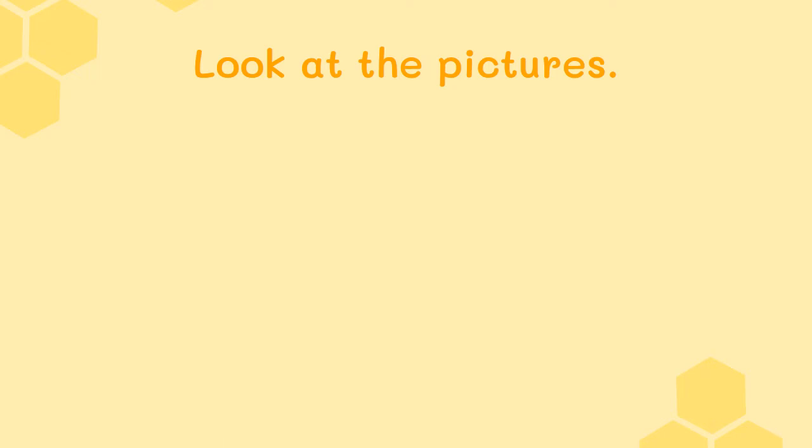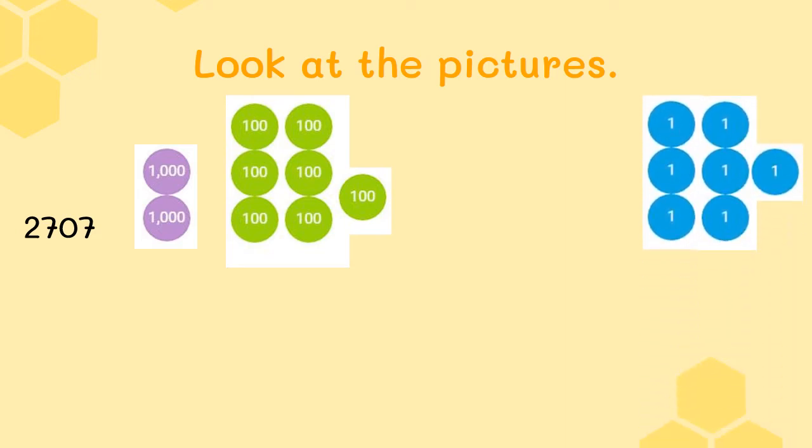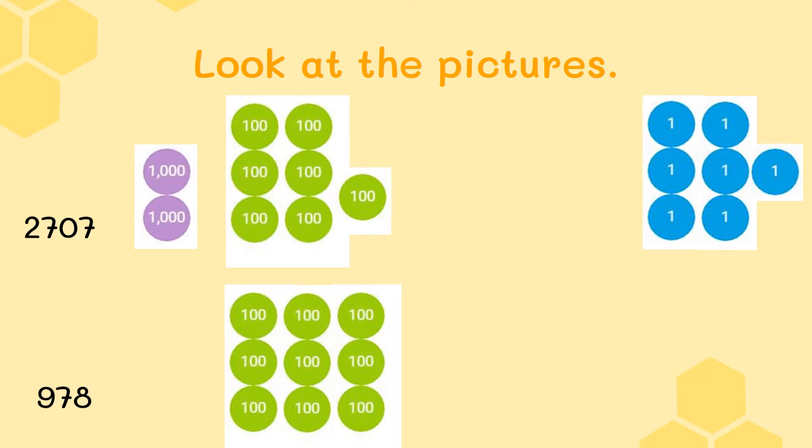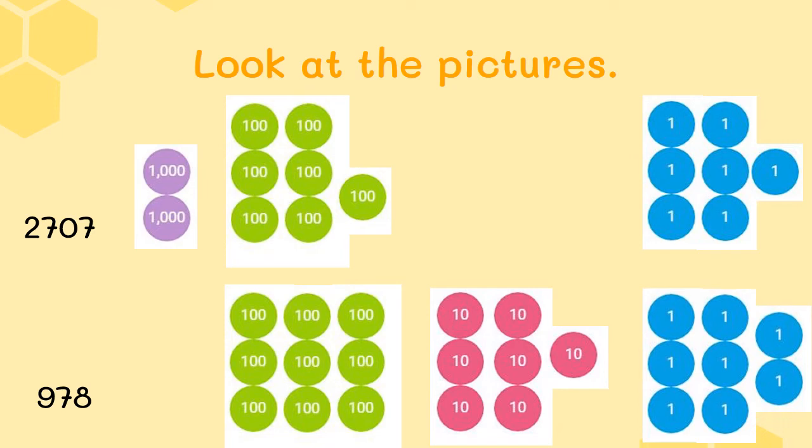Look at the pictures again. 2,707, that means 2,000s, 700s, 0 tens, and 7 ones. 978, that means 0 thousands or no thousands, 9 hundreds, 7 tens, and 8 ones.